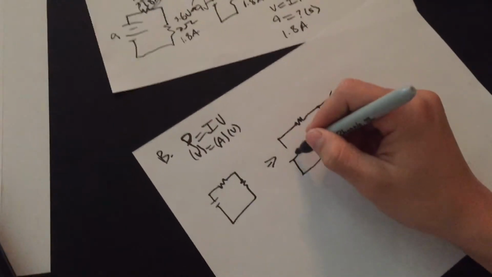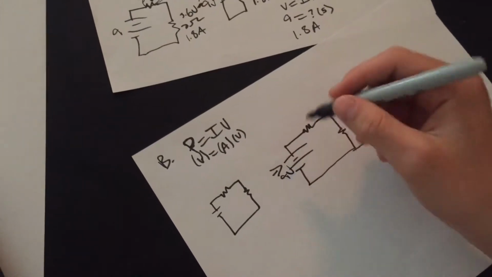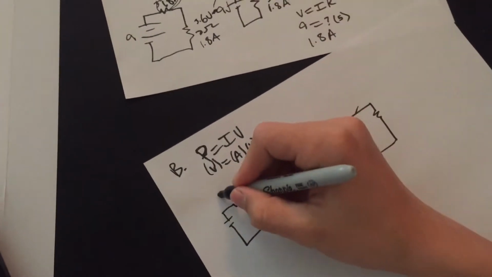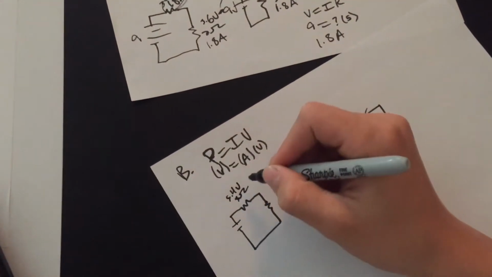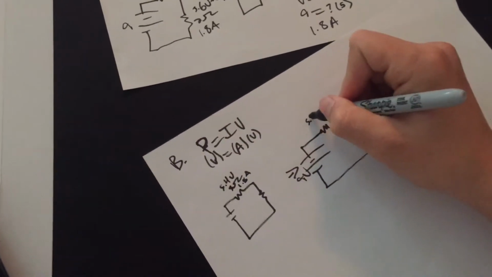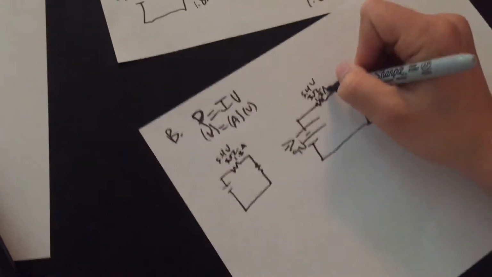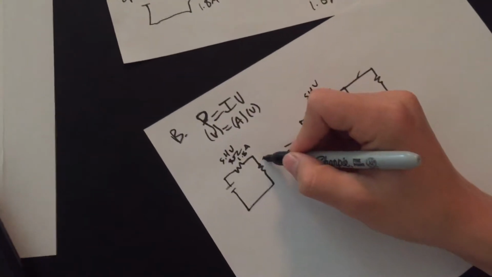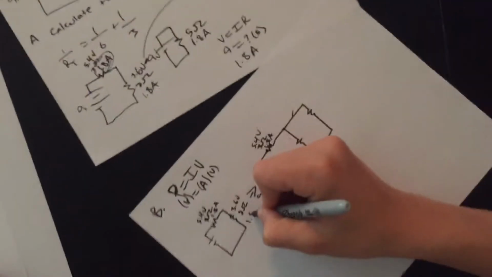And so there's the battery, 9 volts, and we learned from the previous problem that this is 5.4 volts, 3 ohms, and 1.8 amps, and that's going to transfer over: 5.4, 3 ohms, and 1.8 amps. This one is 3.6 volts, 2 ohms, and 1.8 amps.